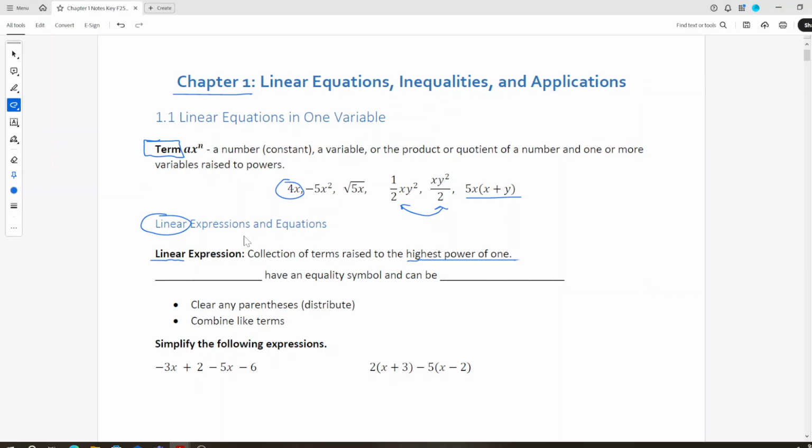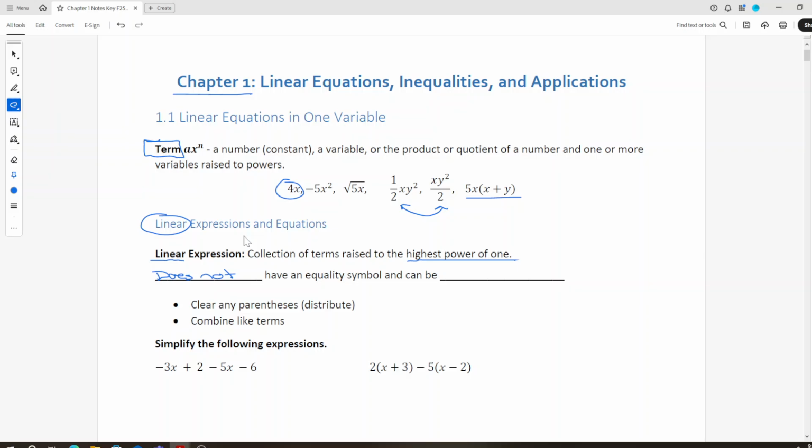What makes it an expression is that it's a collection of terms. So an expression is a collection of terms. A linear expression is a collection of terms where the highest exponent on any term is 1. Now, an expression can be identified because it does not have an equality sign.